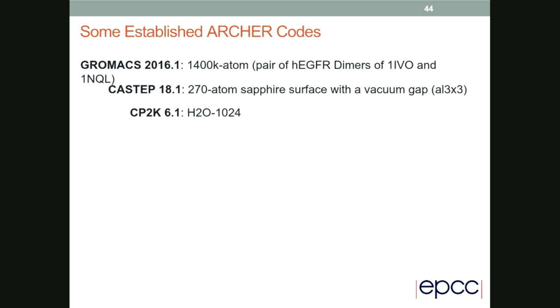I started with some fairly small test cases, and then I tried out each of these codes, running them on CSD3 in bare metal and within a Singularity container, to see if there were any performance issues in running them within a container.